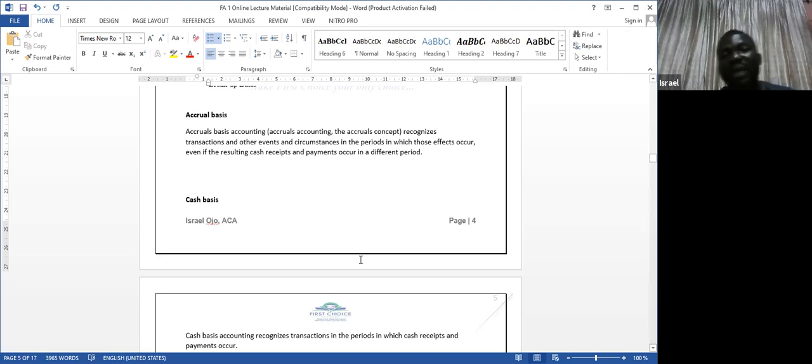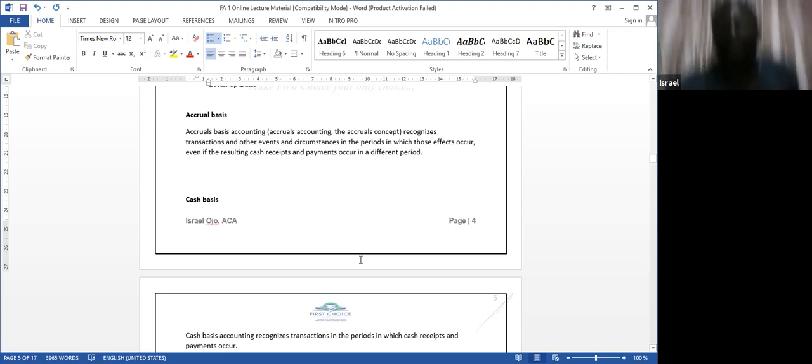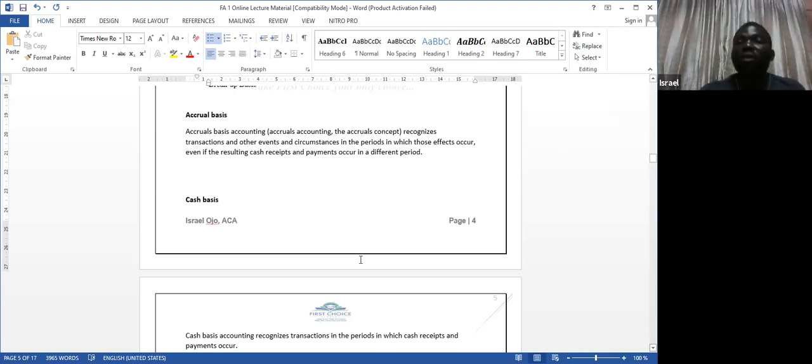It means you don't wait for cash flow before you recognize revenue under the accrual basis, and you don't wait until you make payment for expenditure before you recognize it.